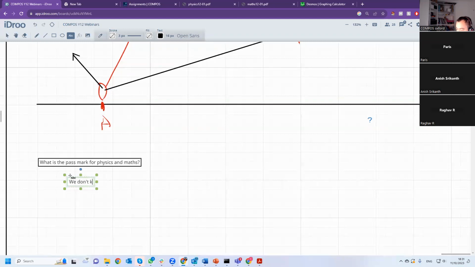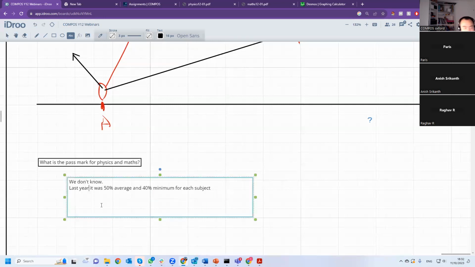Last year it was 50% average and 40% minimum for each subject. And the year before it was the same.